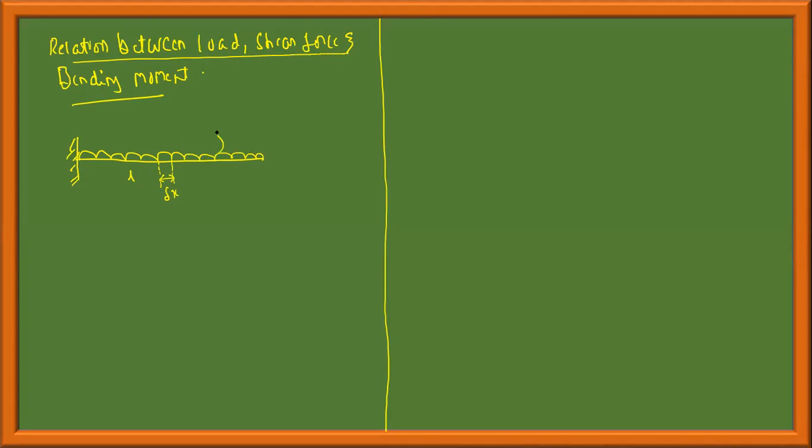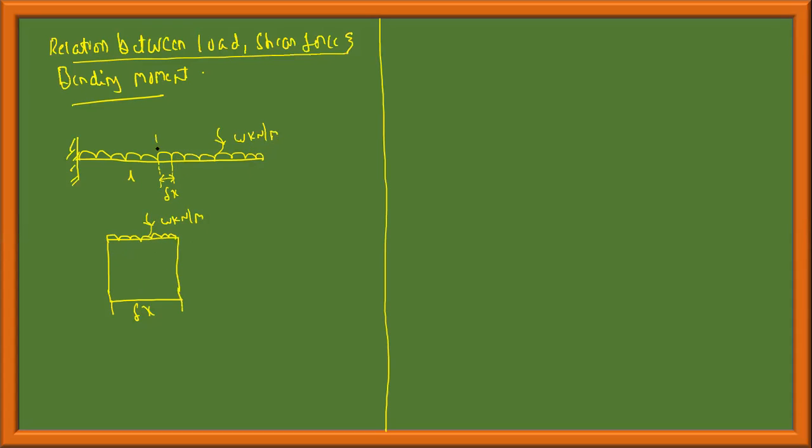This is of length L subjected to UDL W kilonewton per meter. I can say small length delta x for study. If I exaggerate this and write, it would look like this: W kilonewton per meter. This is length delta x.